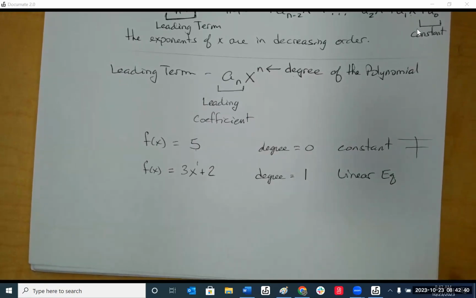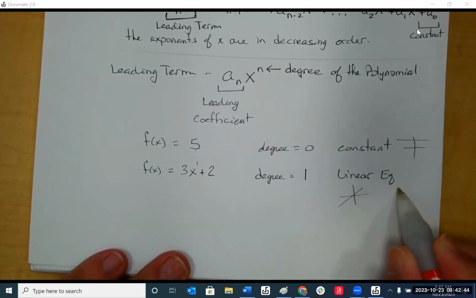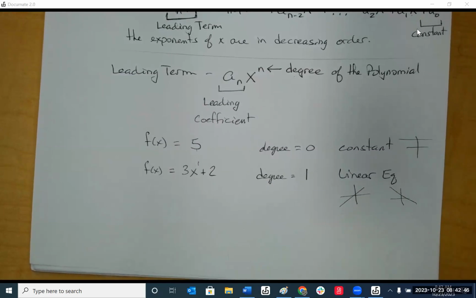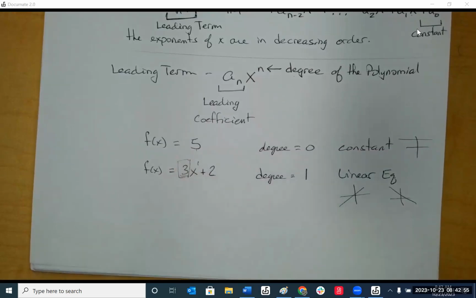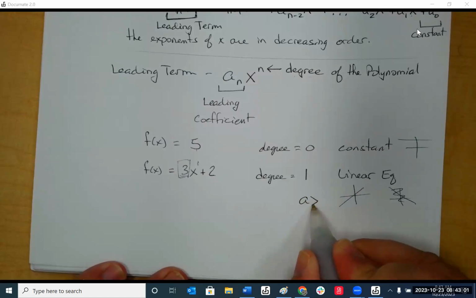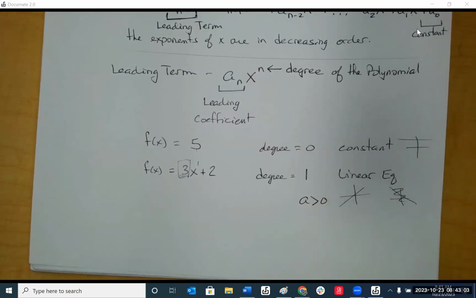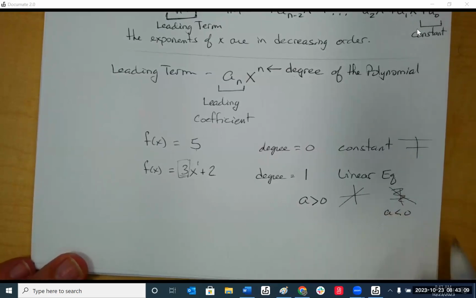Is it increasing or decreasing? In other words, does it go like this or does it go like this? It's increasing. Why? Because 3, the leading coefficient, is positive. It's increasing because a is positive. If a was negative, it would be decreasing.